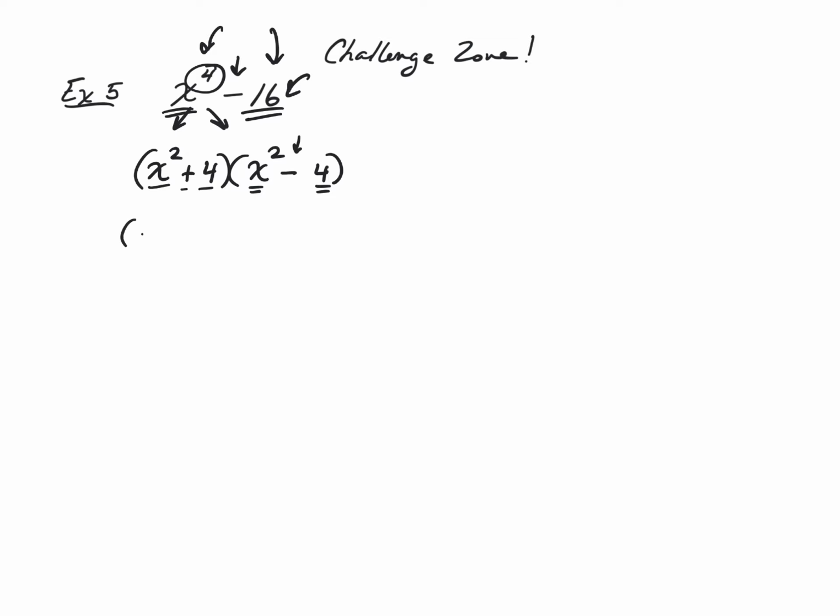So this first group of x squared plus 4 stays put, but this second group of x squared minus 4 can be broken down into 2 linears. And the linears they break down to are going to be x and 2, and one will be positive, one will be negative. So I have what is called a prime quadratic here that is going to be multiplying these two conjugate pairs. Okay, and then this will be my final answer.